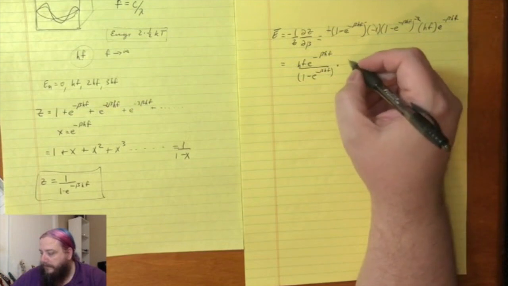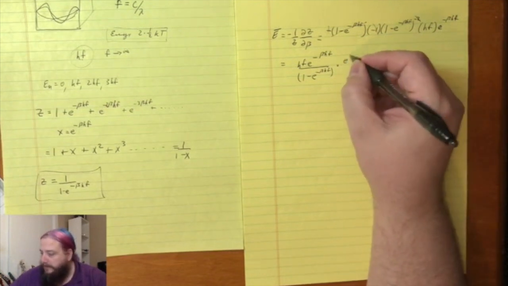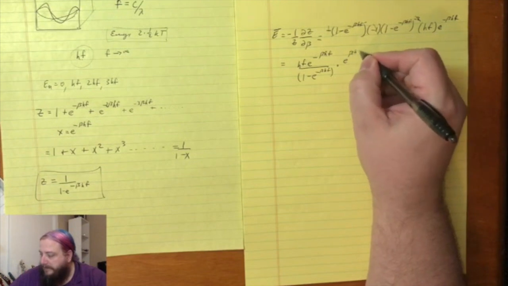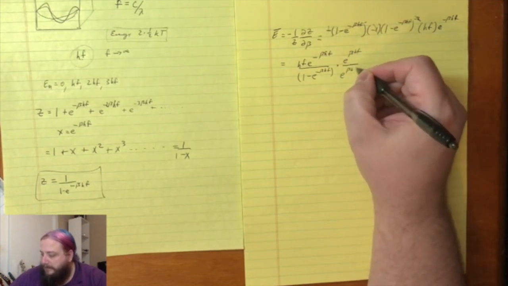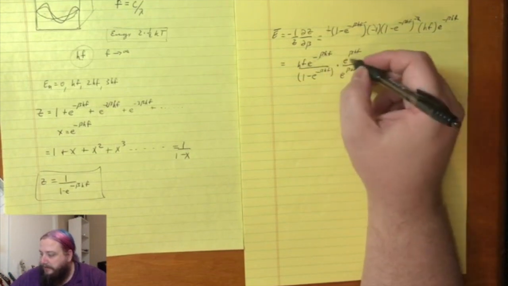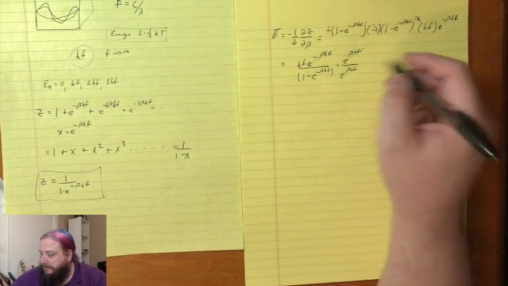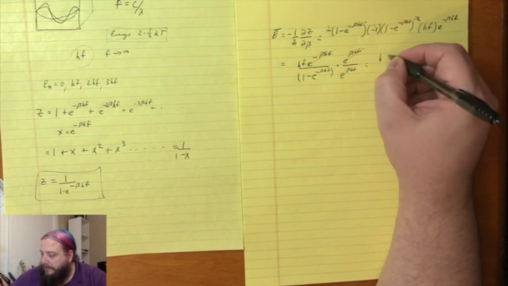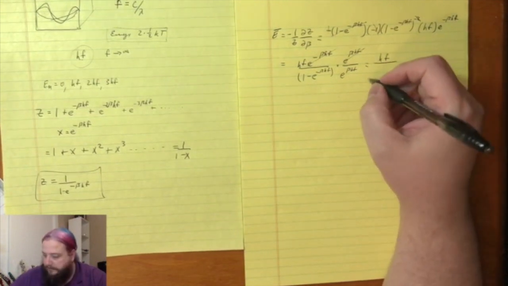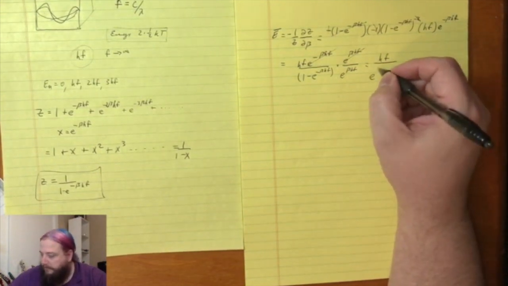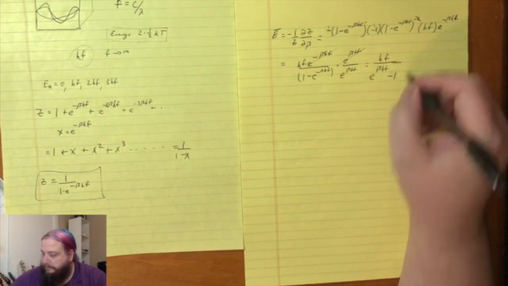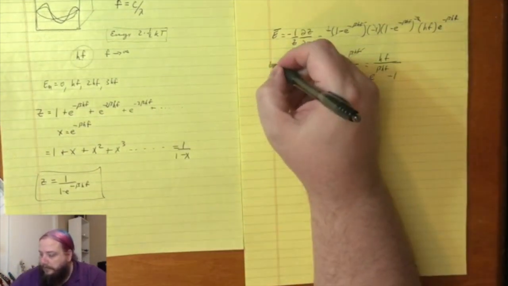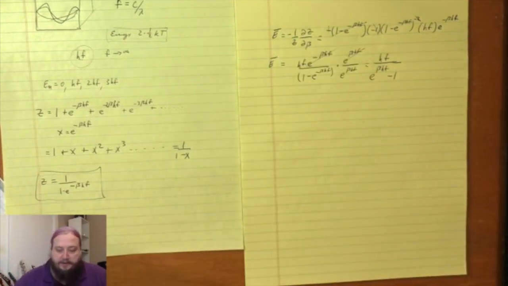And if we do our usual trick of multiplying by the opposite here, so e to the beta hf on the top and e to the beta hf on the bottom, that's going to cancel with that, and this is going to turn into hf over e to the beta hf minus 1. So that's our average energy.